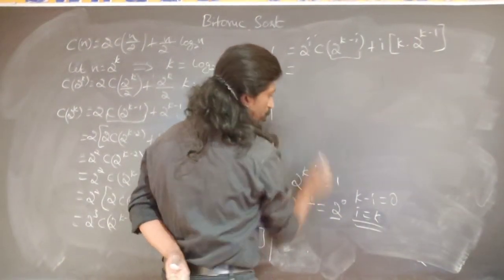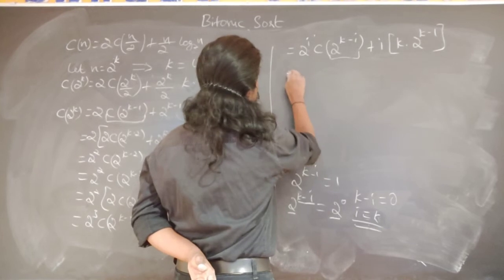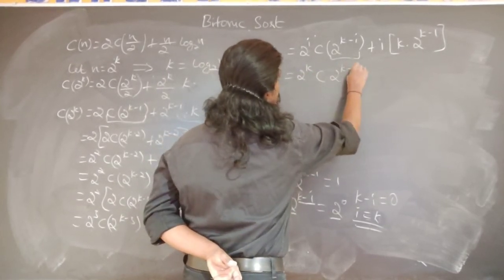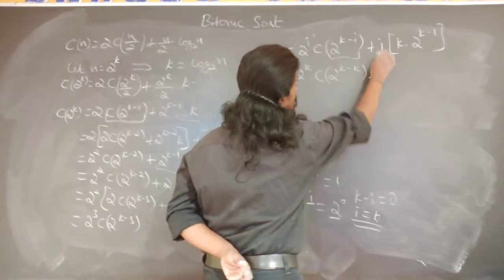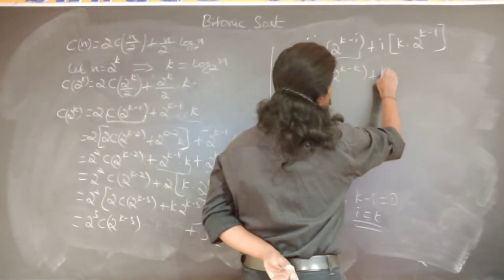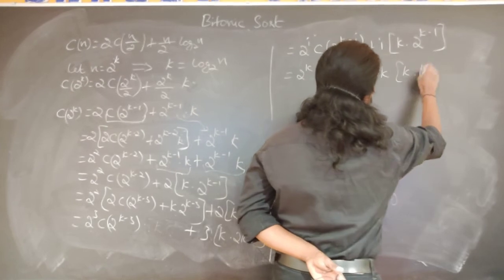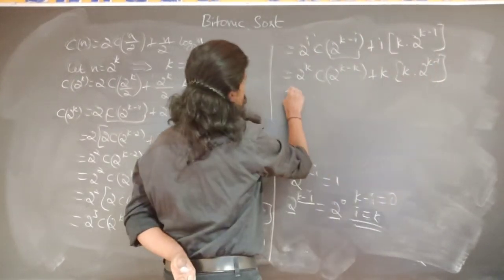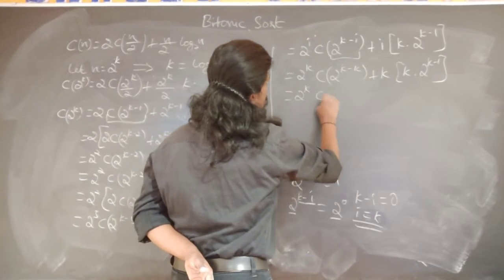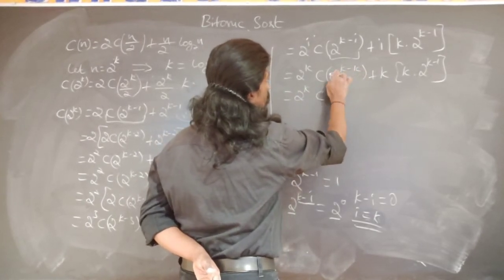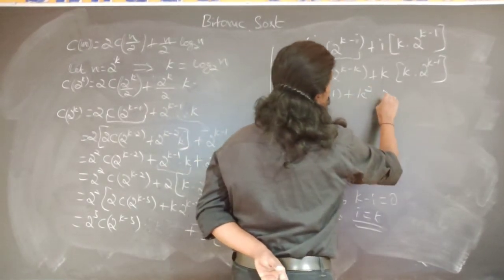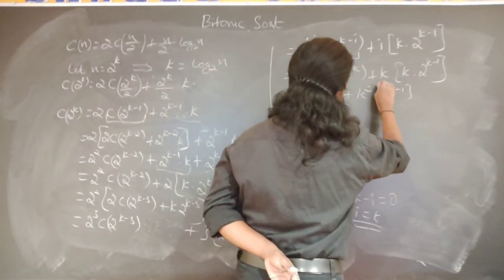Okay, so now we want i is equal to k, so therefore that is equal to 2 to the power of k, C of 2 to the power of k minus k, plus k times k into 2 to the power of k minus 1. So this is equal to 2 to the power of k, C of 2 to the power of k minus k is 2 to the power of 0, which is 1, plus k squared times 2 to the power of k minus 1.